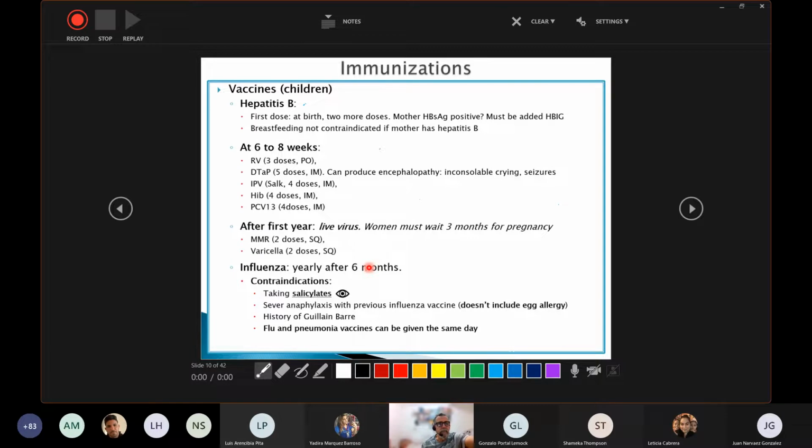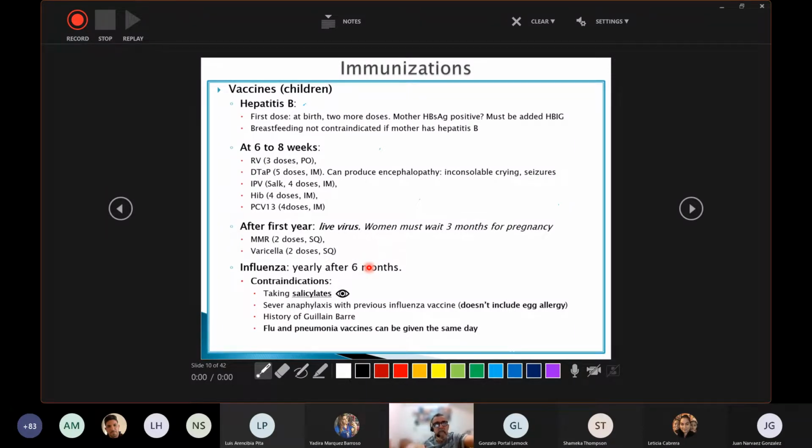That's why we tell parents, don't give aspirin when your children have fever, because it could be flu or varicella, and then they could develop Reye syndrome. So the best is any fever, no aspirin, because you are not a doctor to decide if it is varicella or influenza early. Okay, very good.